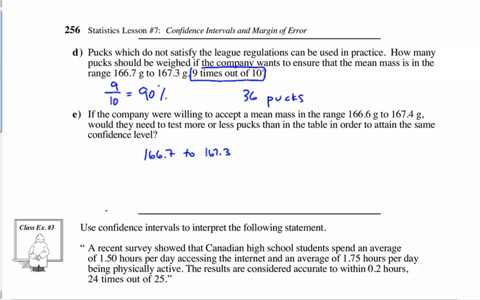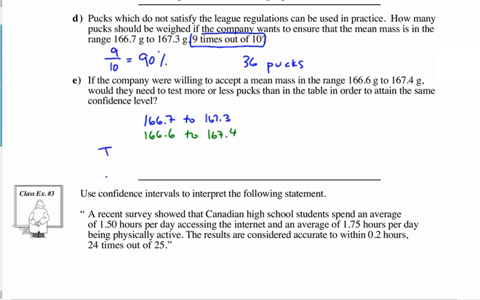Now they want to change it to be 166.6 to 167.4. So now we get a larger range. If you're allowed more pucks within that, that means that you don't need to test as many. So they would need to test fewer pucks.